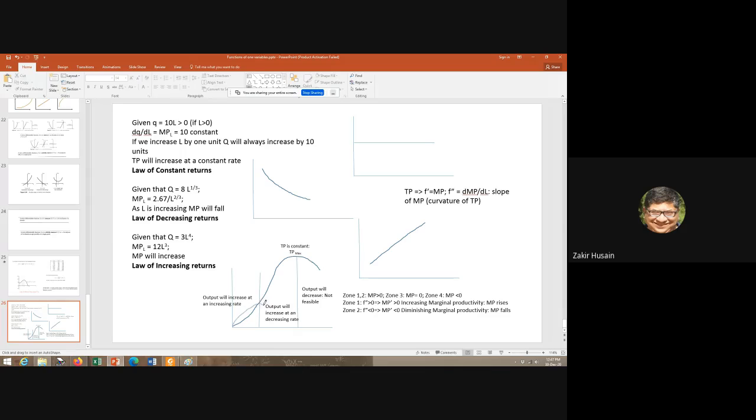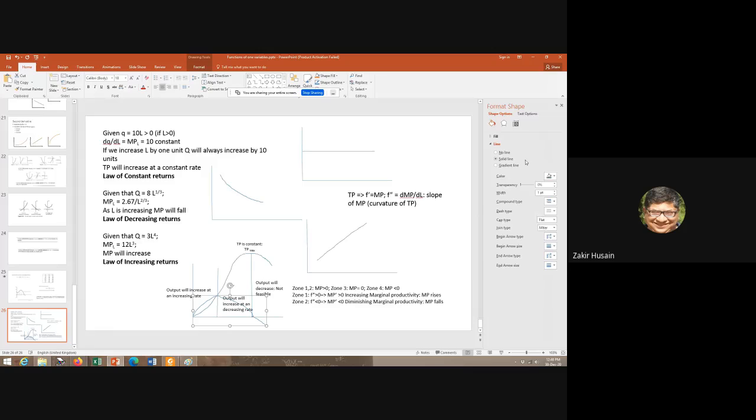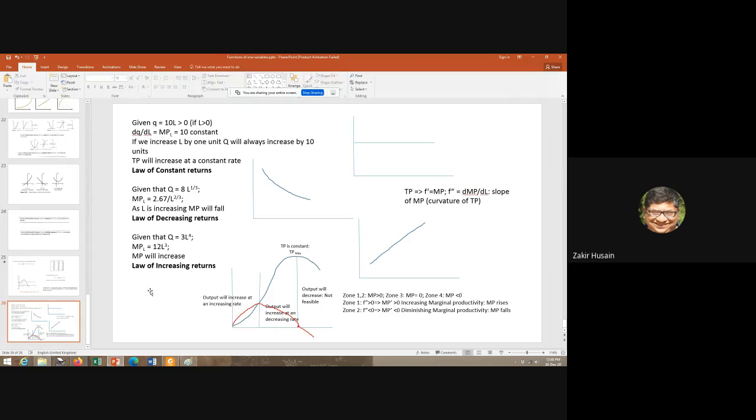After this, MP is going to fall and it is going to be equal to 0 over here. This is the MP curve.